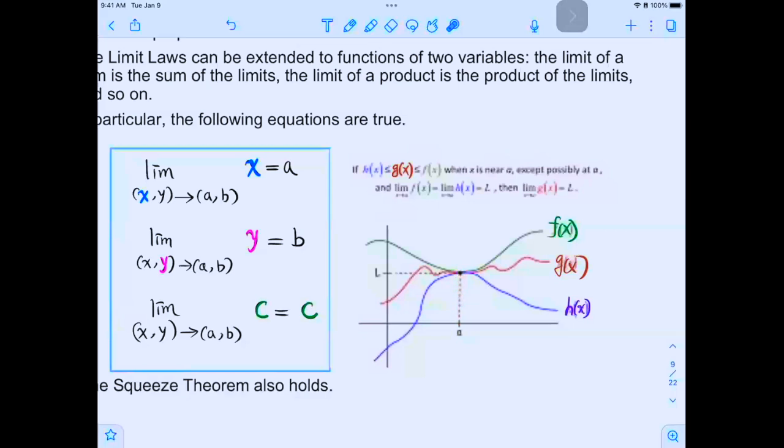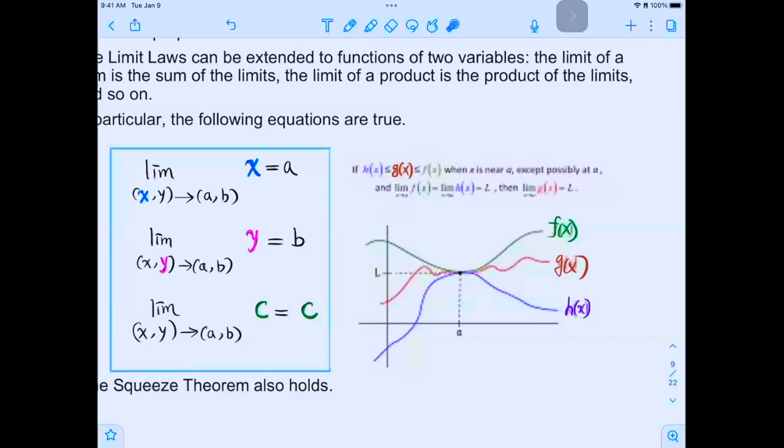The squeeze theorem is also called the sandwich theorem because it looks like a sandwich. This function is the middle layer, this is above, and this is below. Squeezing sounds more painful, but the sandwich theorem is yummy. There's also something called the pinching theorem, and I also call it the police theorem.